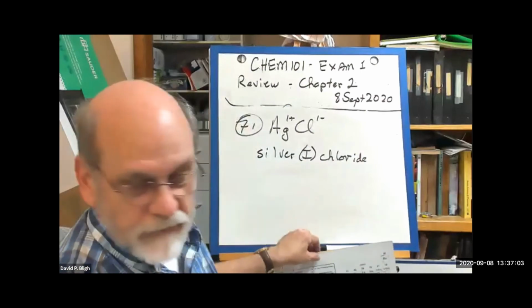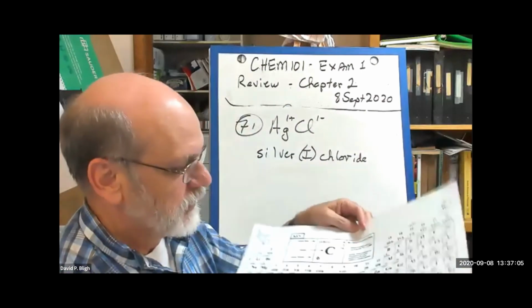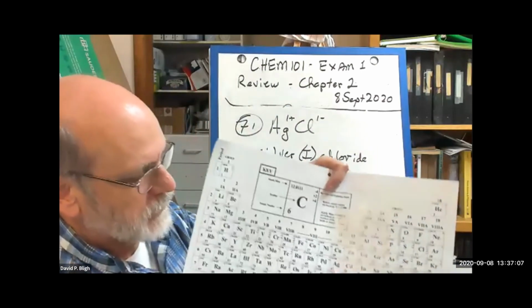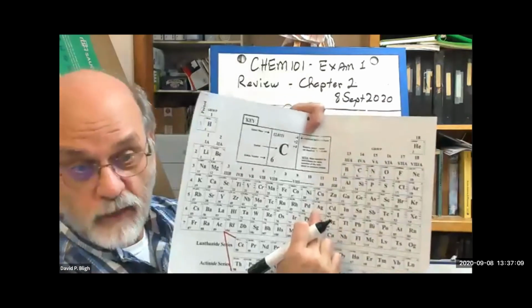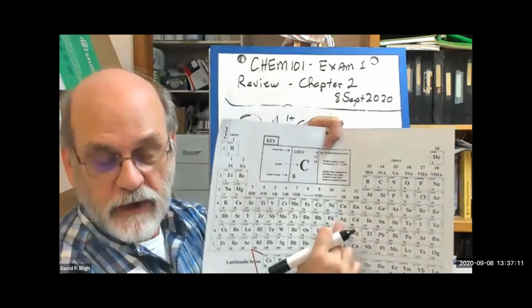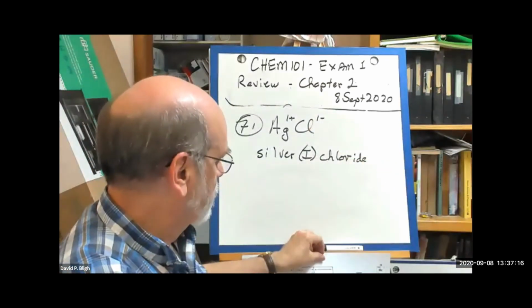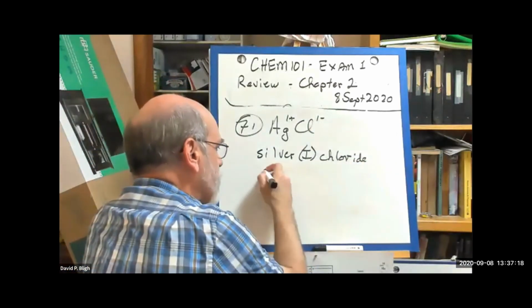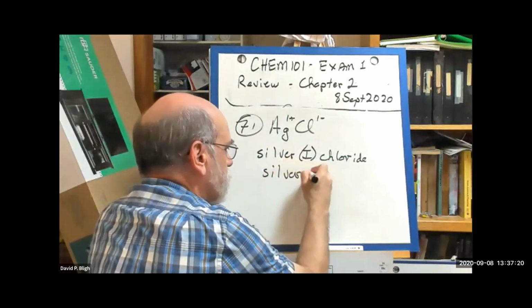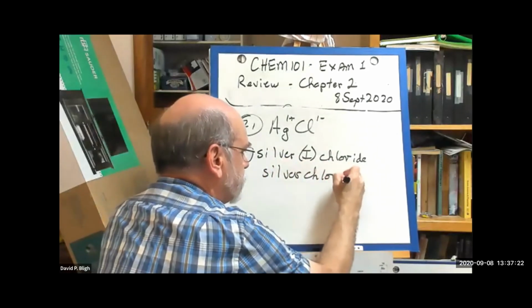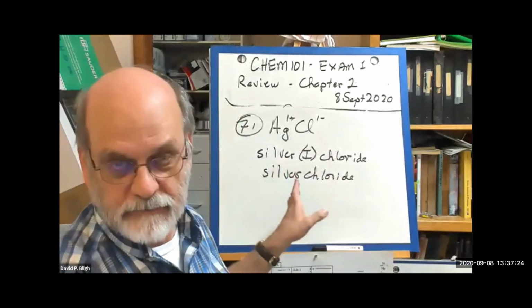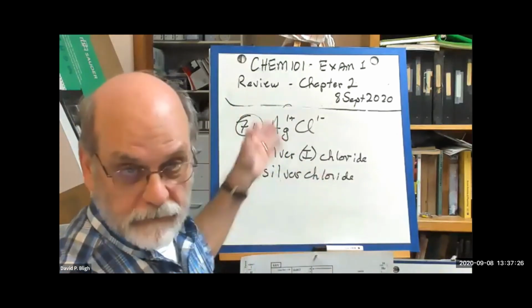Or if you look at your periodic table, you find that silver only has 1 charge. So it could also be treated as a type 1. So you could say silver chloride, and you'd be correct, right? But I'll take either one.